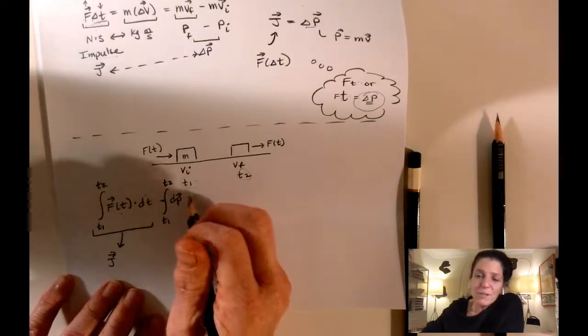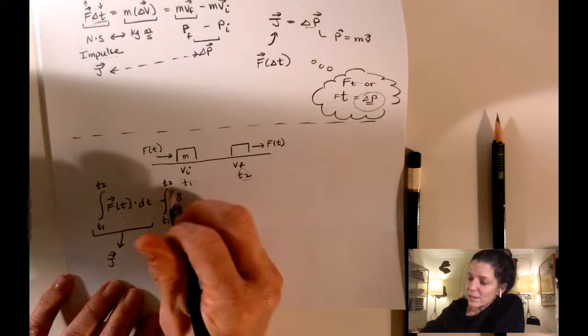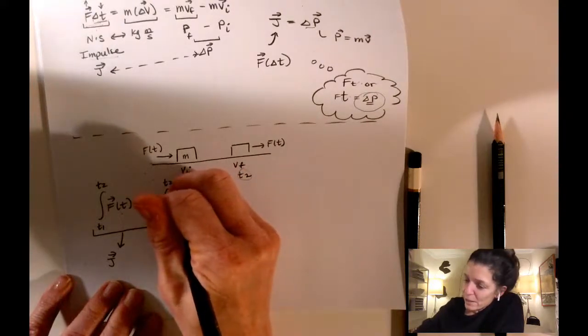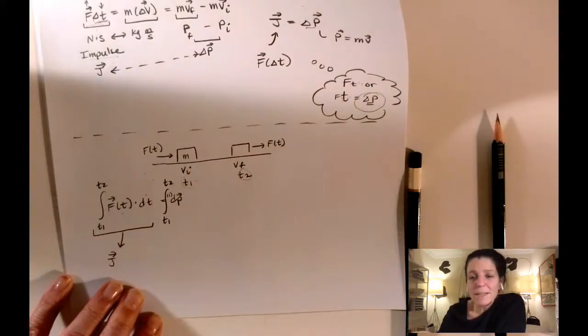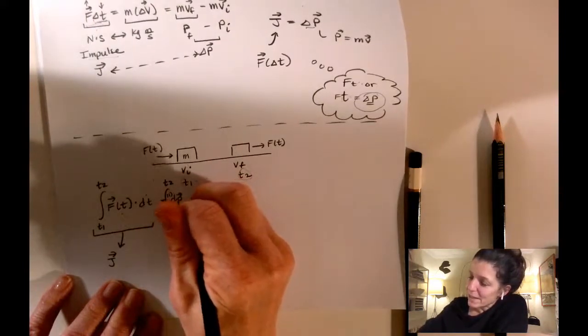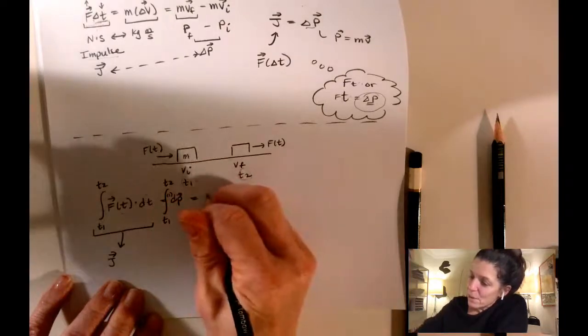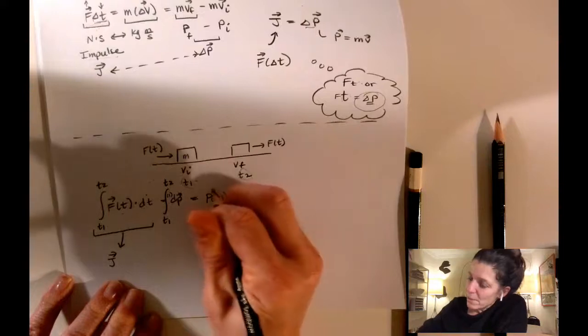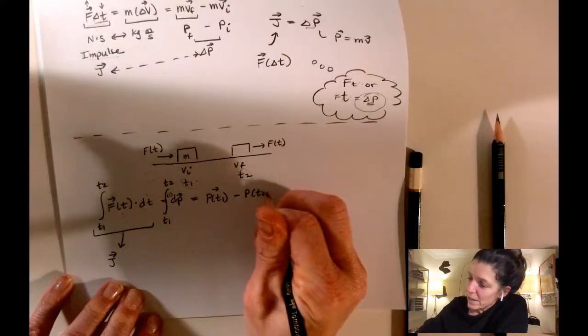Now, the integral of any variable, just without anything in front of it, is like integrating, I'll just put a little number 1 in there. 1 dp is just going to be p, just like 1 dx is going to be x, right? And so all this really is, on this side of the equation, is the momentum evaluated at t2 minus the momentum evaluated at t1.